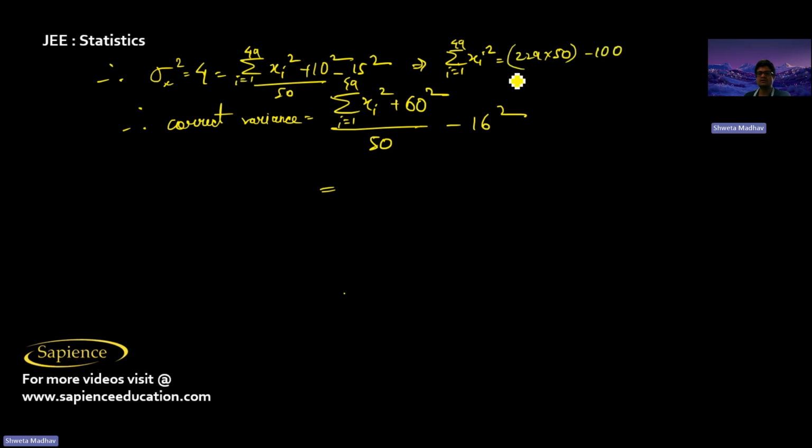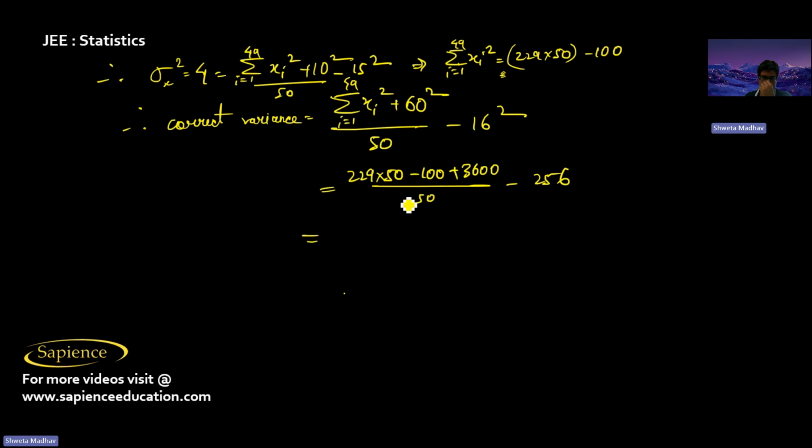So this will be equal to 229 into 50 minus 100 plus 256, divided by 50, minus 256.